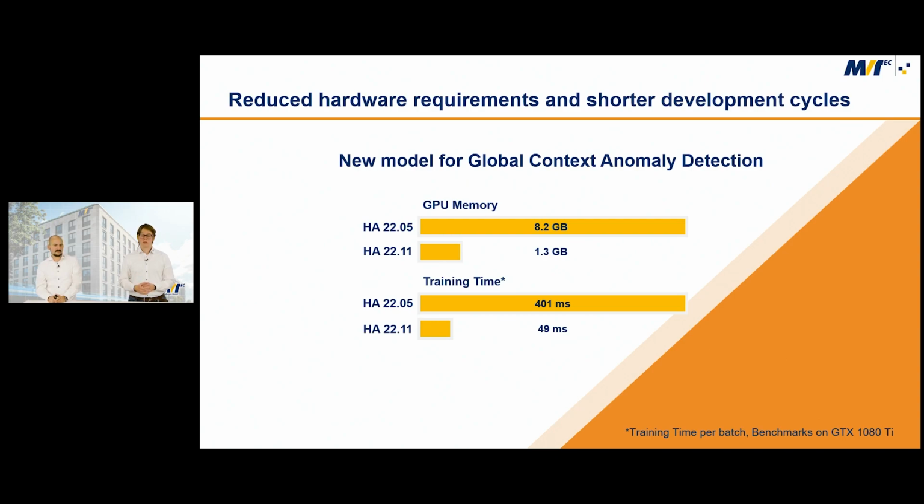Also, training times here per batch went down from 401 milliseconds per batch to just 49 milliseconds. And of course, not only memory consumption and training times improved, this is also available with the new release of the DLT. You can there train and evaluate your own deep learning model for the global context anomaly detection.